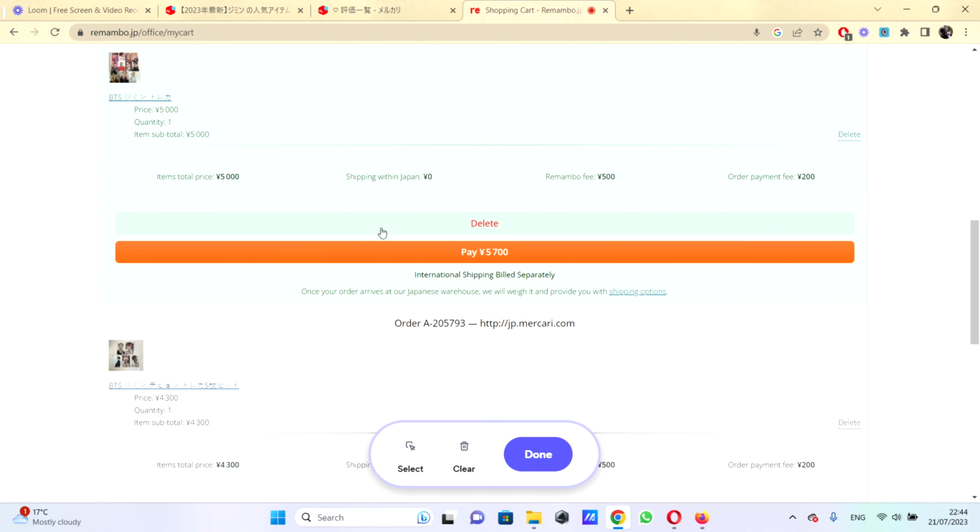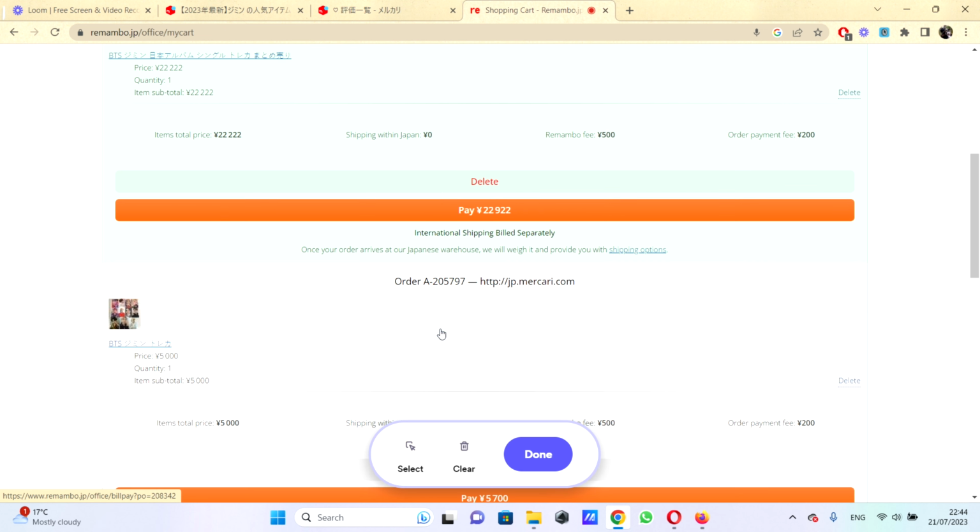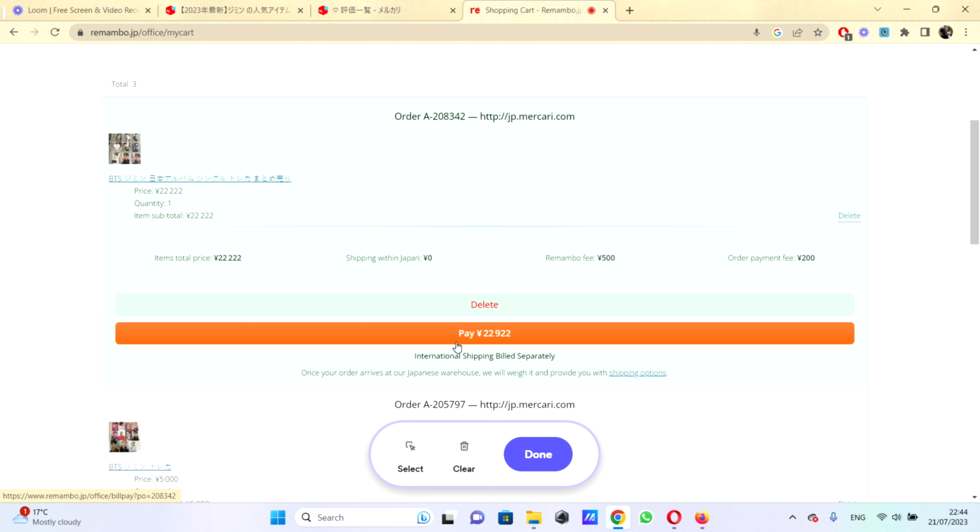So I have the 2 that I was trying to show from before, and the one that I just put in right here. There are 2 different times you can pay. You can put a random amount of money into your wallet, or you can pay one by one. I tend to pay one by one because I don't want to have any funds in my wallet.